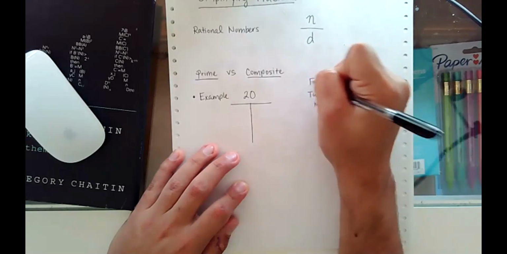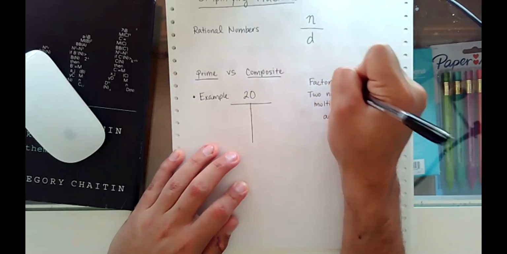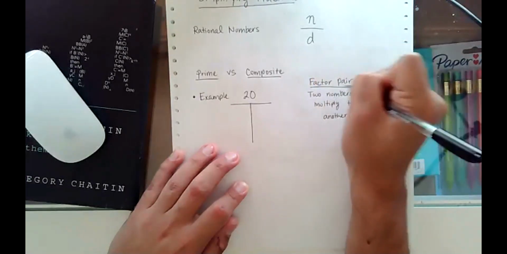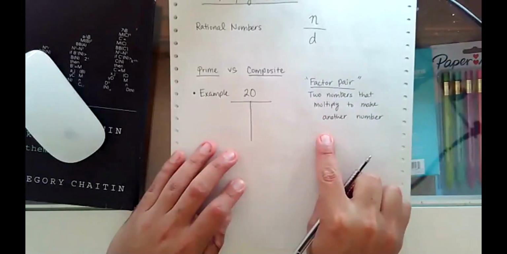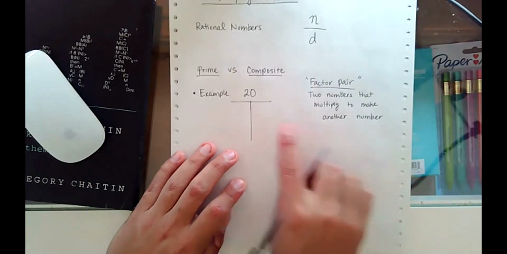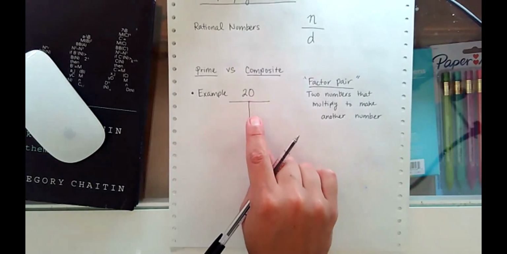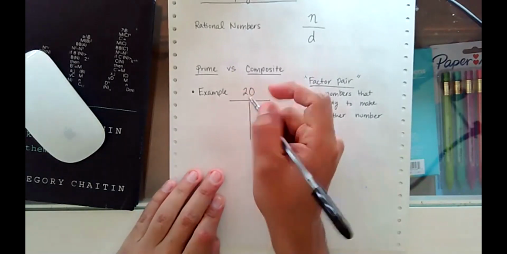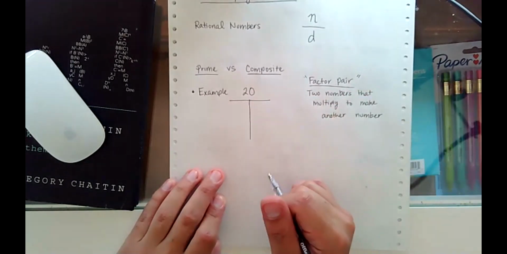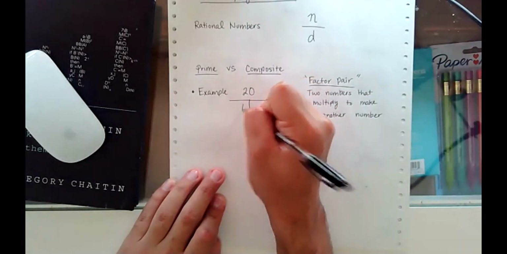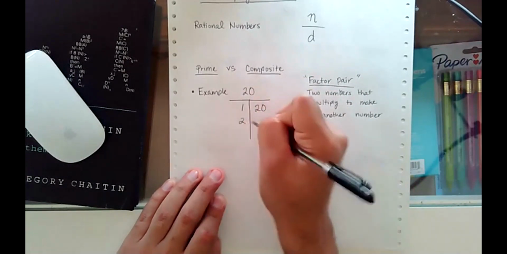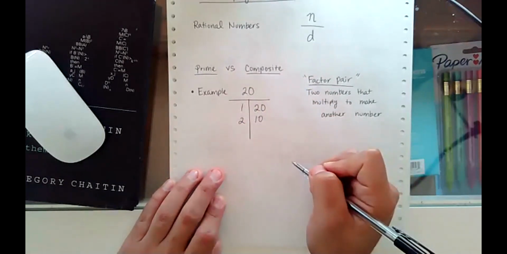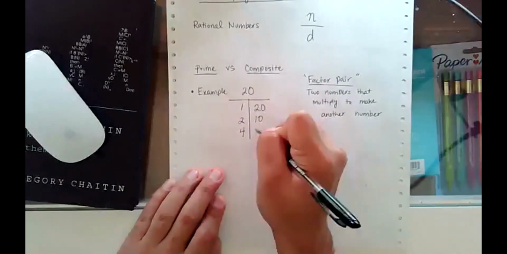So whenever I say factor pair, I'm talking about two numbers that multiply to make another number. And you can think of multiple factors for 20. Somebody said 4 times 5. The easiest one is always 1 times itself. 2 times 10. And then finally 4 times 5.